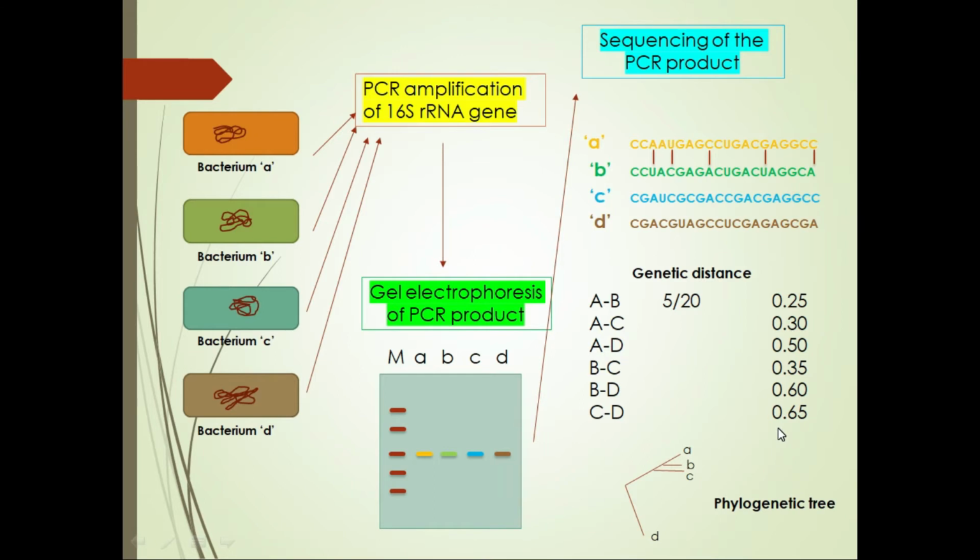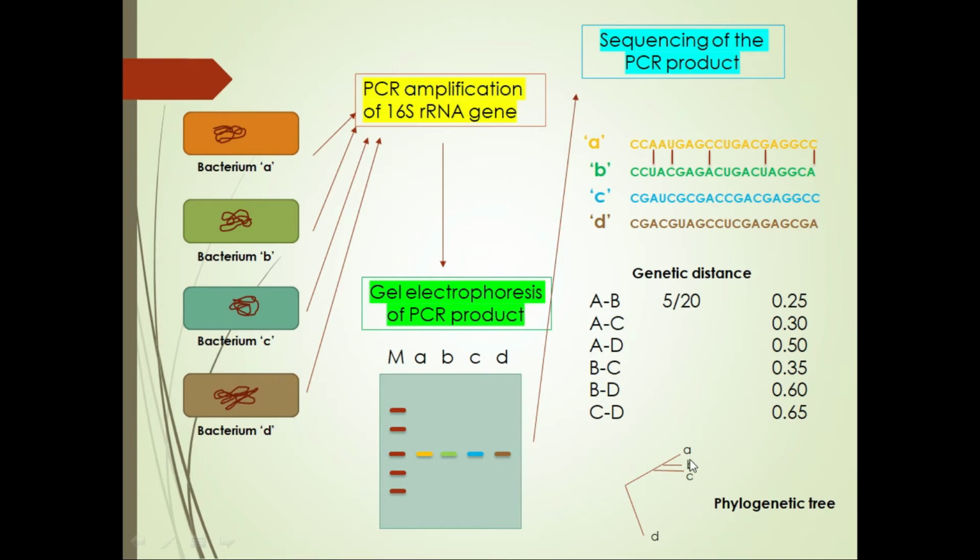And it is apparent and quite easy to understand that D is different from A, B and C with a higher degree of genetic distance. So when we make a phylogenetic tree, D is quite distantly located, whereas A, B, C are close by.